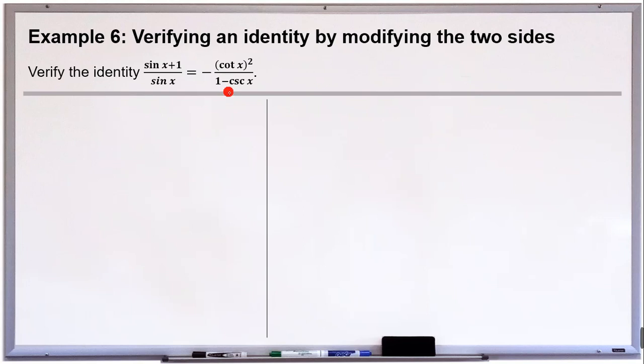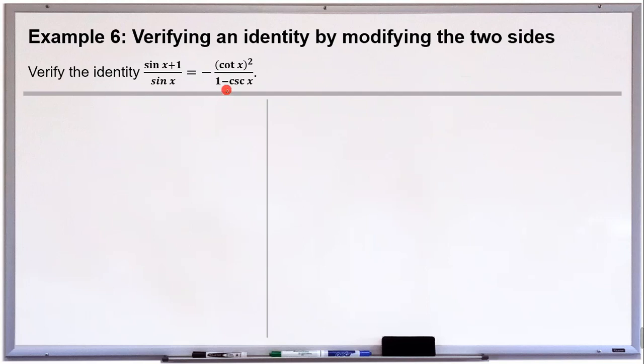So we are going to modify both sides so that, after the modification process, if the expressions we get for both sides are the same, we can say that this is an identity, or they are equal to each other.